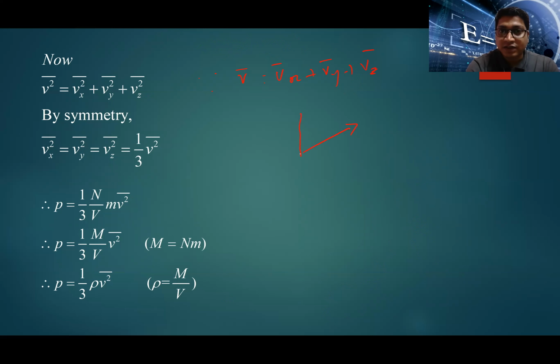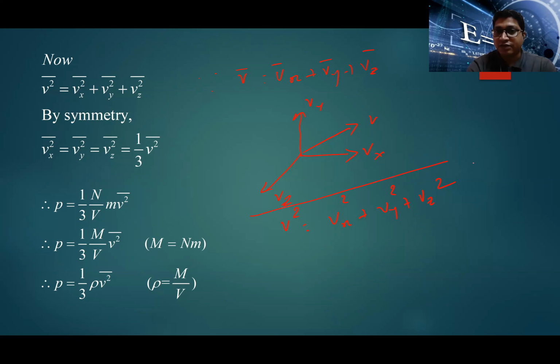As you can see in the vector diagram, this was the V, this is Vx, this is Vy, and this is Vz. So in vector form, we can write V is nothing but Vx bar plus Vy bar plus Vz bar. So in magnitude form, of course, we can write V square equals Vx square plus Vy square plus Vz square.